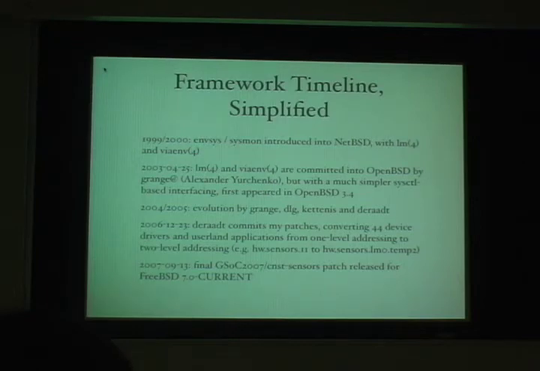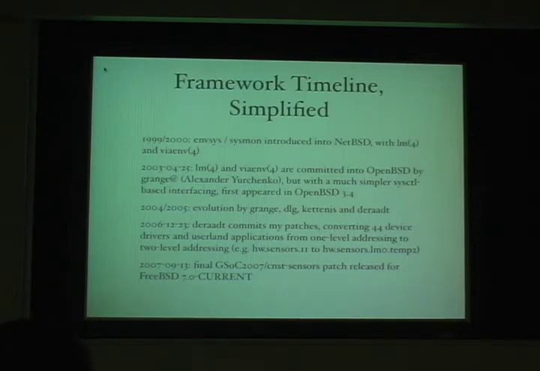So in 2006, I finished my patch for converting the sensor framework from one-level addressing to two-level addressing. Previously, the sensors were addressed by hw.sensors and then the numerical number of that sensor on the machine.